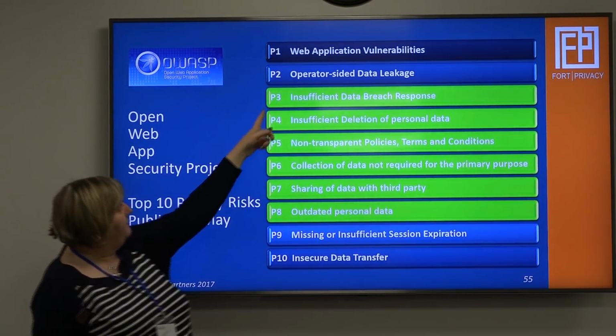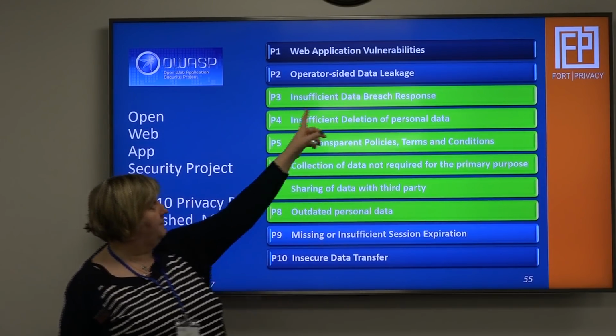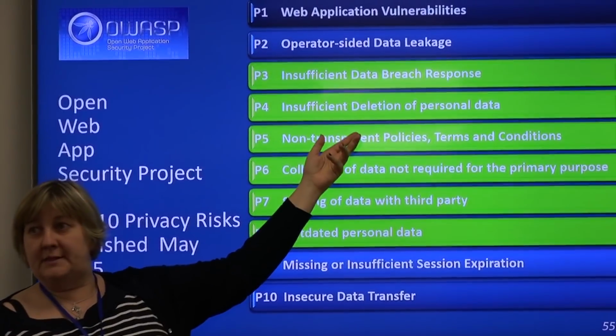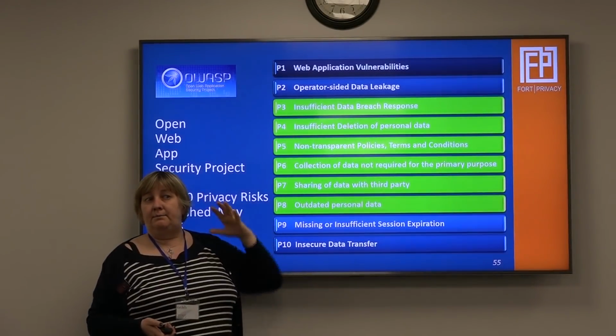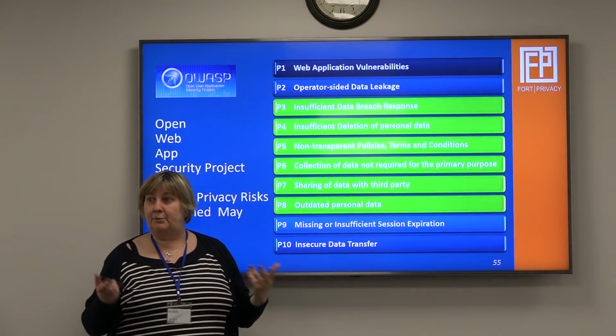I'm not going to talk through all of them, but P3 I find really interesting, because we've seen this in the news: massive data breaches, and companies sit on them for 6 months or a year or 2 years, and they make the breach worse.